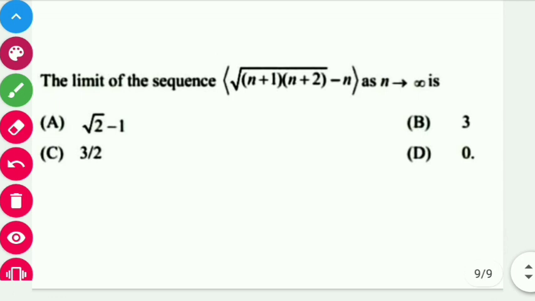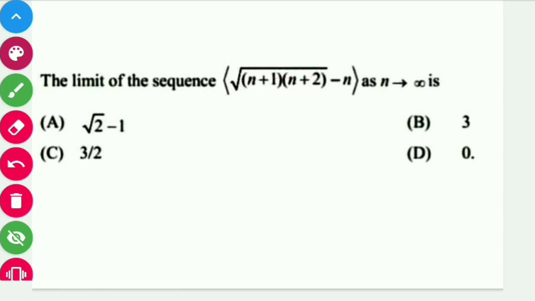The limit of the sequence root of n plus 1 times n plus 2 minus n as n tends to infinity is. So for this, whenever we have something in the root, just rationalize this quantity.